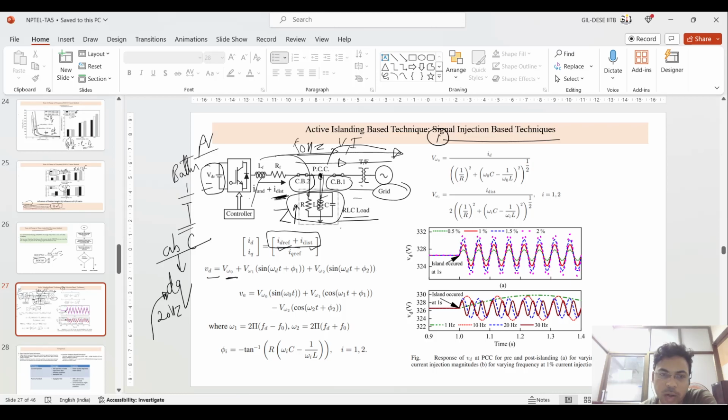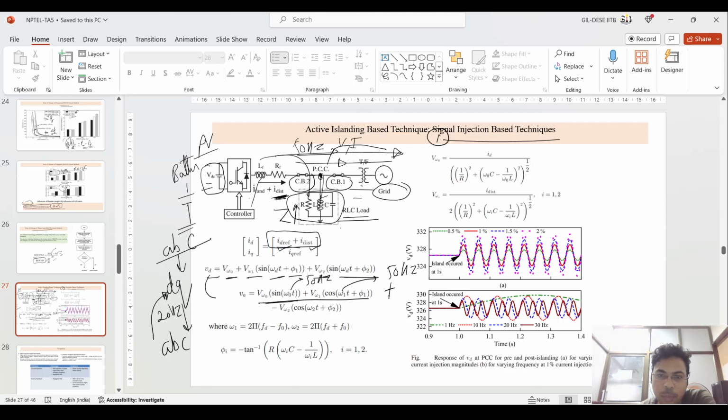If you see in the D also, it is the same, the I disturbance plus ID reference. So VD comes out to be V omega naught, V omega 1 sin omega 1 t, which is the normal D reference with phi 1, and V omega 2 with this other signal. So after conversion from DQ to ABC frame again, you will get this signal, that is V omega naught sin omega naught t.